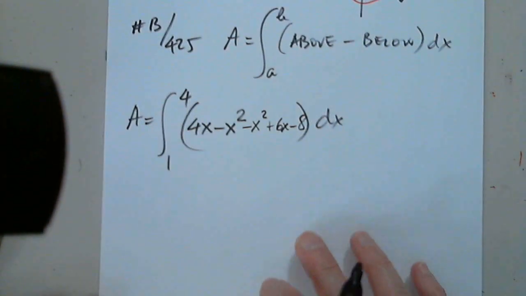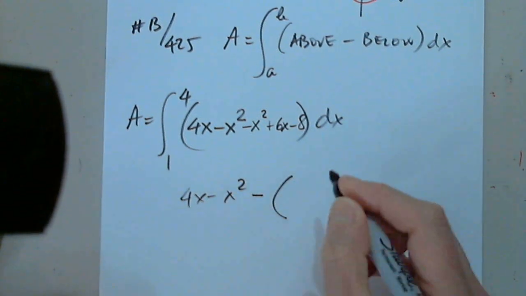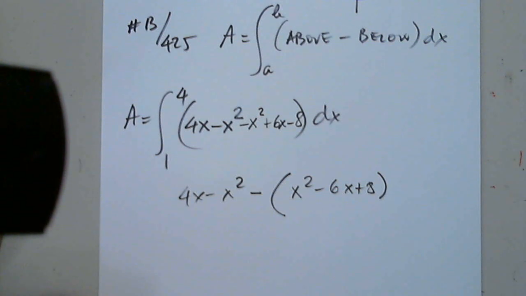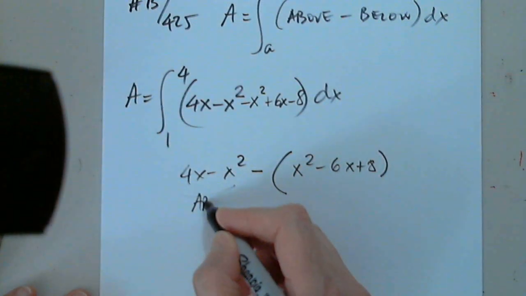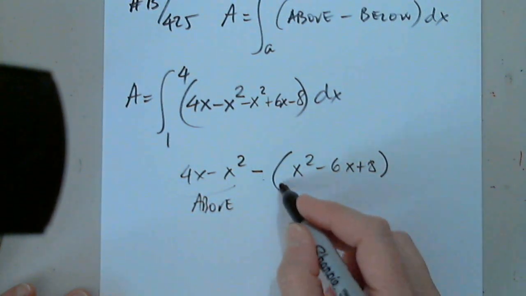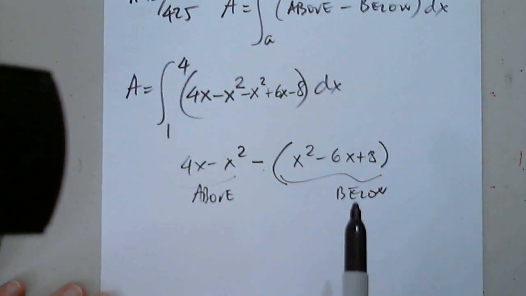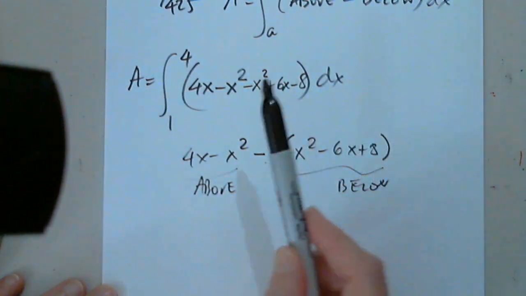So let me write it again for you. So this is 4x minus x squared minus, in parentheses, x squared minus 6x plus 8. So above minus below. So negative x squared with negative x squared is negative 2x squared.